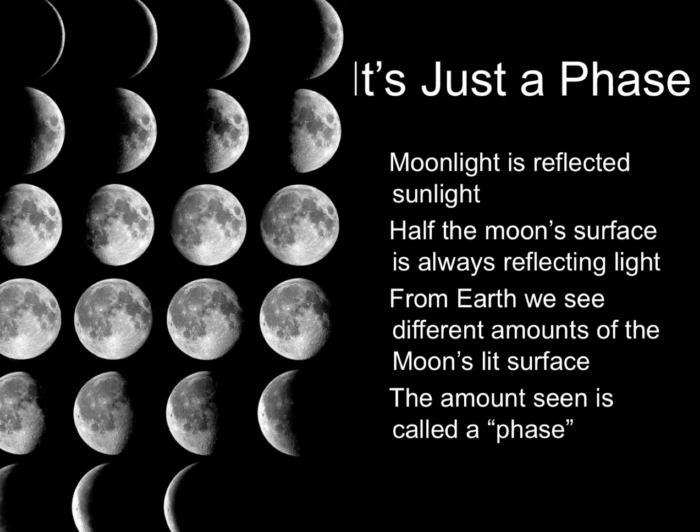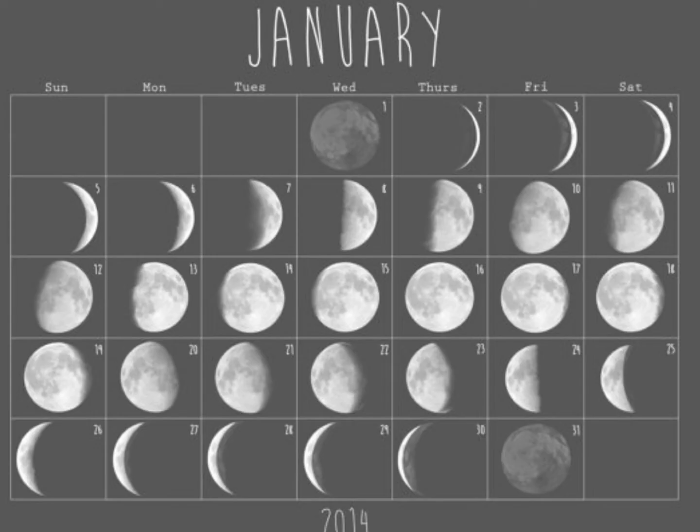It's important to note that even when we see only a tiny bit of the moon's surface illuminated, half the moon is always reflecting light. It's just that the rest of the lit portion is on the back side of the moon that's facing away from Earth. Remember, the whole cycle lasts about a month.